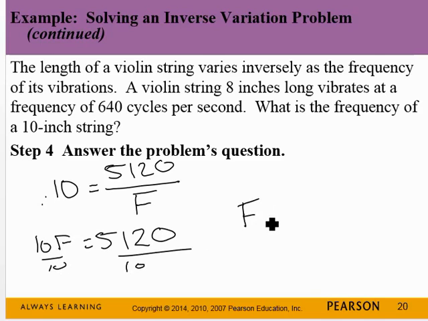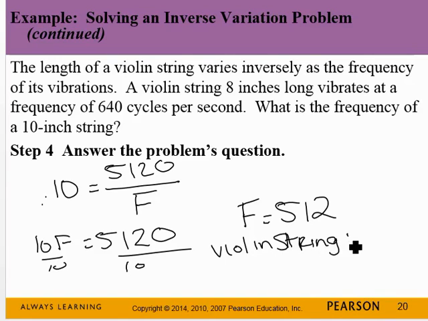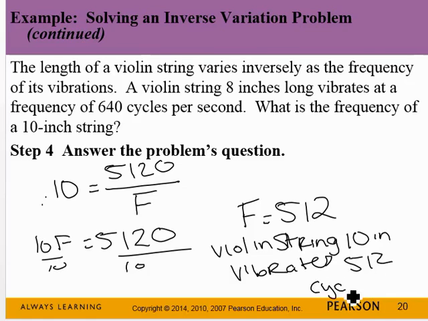So your frequency would be 512. So the 10-inch violin string vibrates 512 cycles per second.